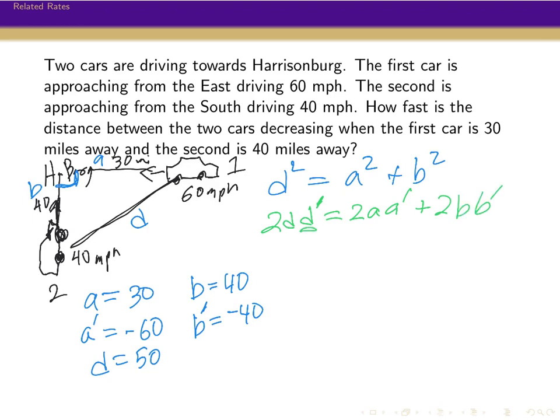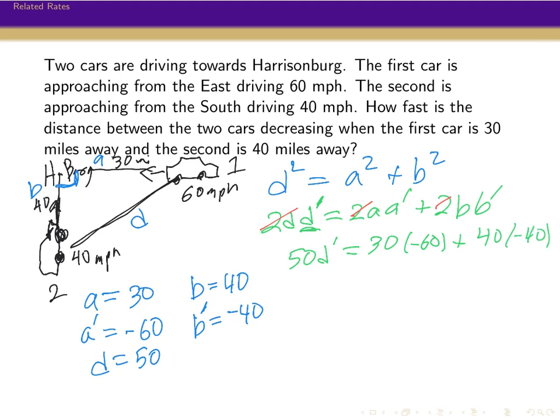Okay, and we're trying to solve for d prime, so we can plug everything in here. You notice we have 2's all over the place. All of these have 2's, so I can just cancel those all out first. And so d times d prime, so this is 50 d prime is equal to 30 times minus 60 plus 40 times minus 40.